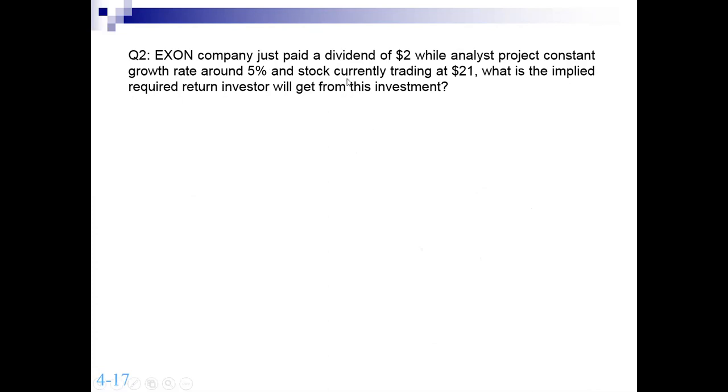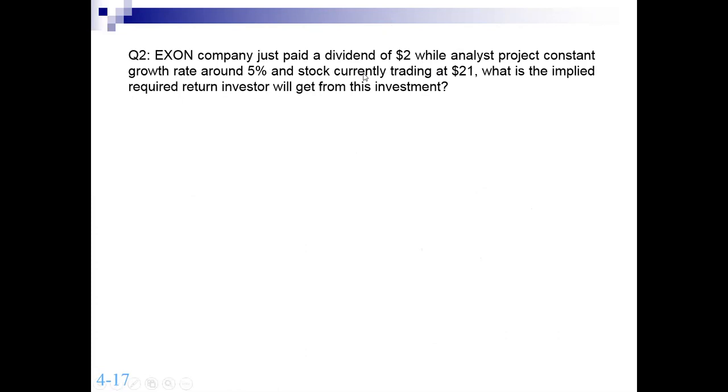Now look at this one. Just paid dividend of 2, constant growth rate around 5%, currently selling at 21. What is the implied required return you will get from this investment? Student, if we are interested to work on this question, then we will understand that the information given in the question should be converted into symbols.